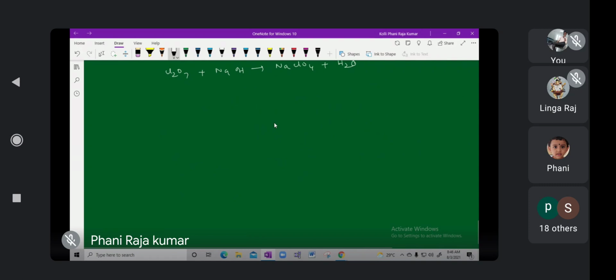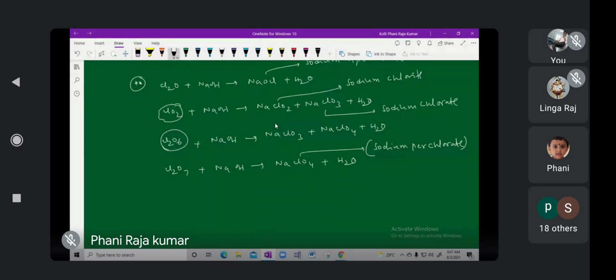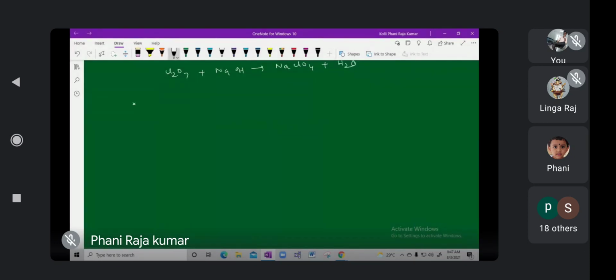Next, coming to oxoacids: HOCl, HClO2, HClO3, and HClO4. After losing a proton, the corresponding anions are ClO2 minus, ClO3 minus, ClO4 minus.